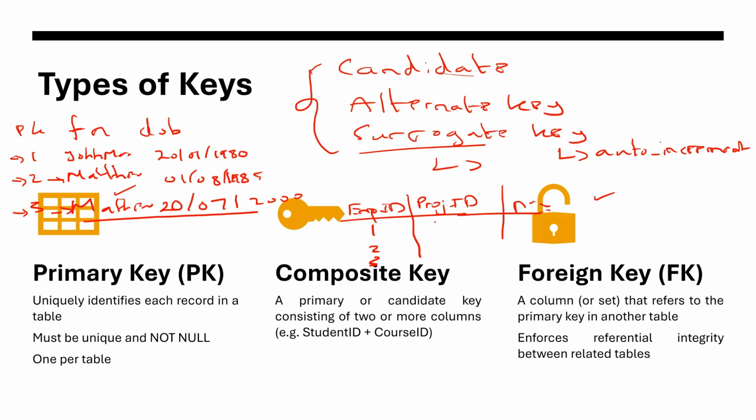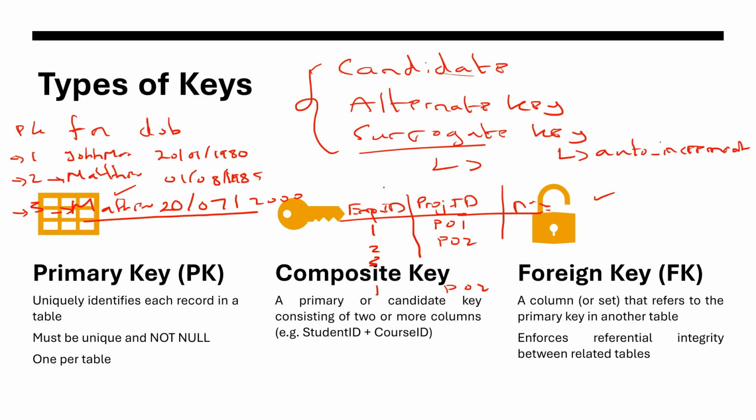Project ID may be P01, P02, etc. So you will see that employee ID 1 may be working on different projects. For example, employee ID 1 may be working on P01, but also on project P02.